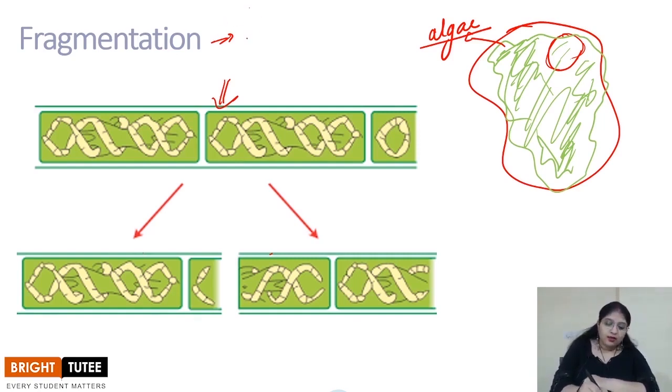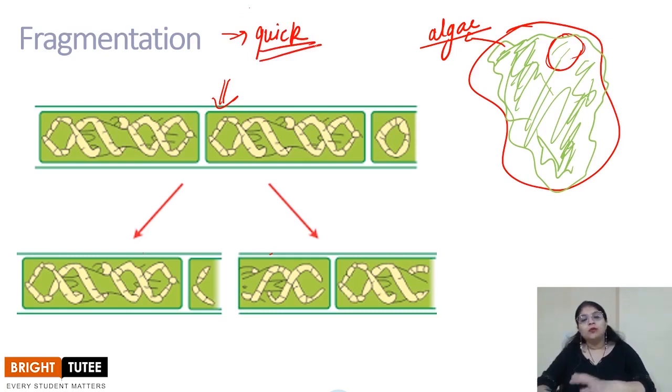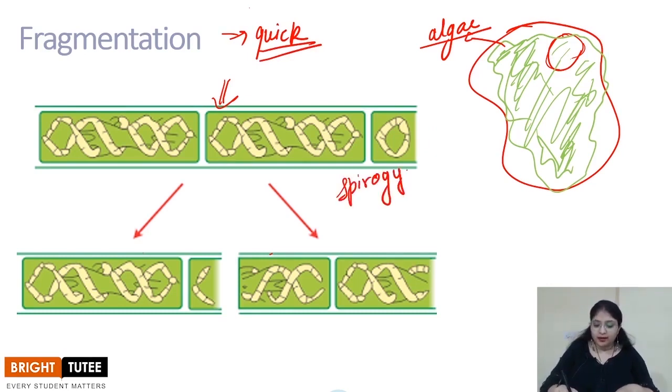So fragmentation is a quick method, because of which in a very short period of time the whole pond will be covered with green algae. The example that we are taking over here is the organism called Spirogyra.